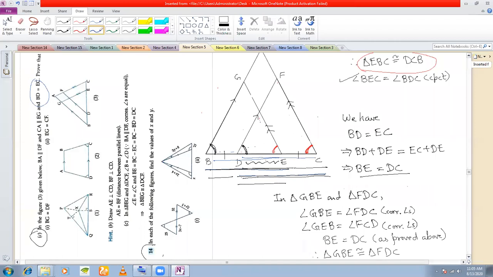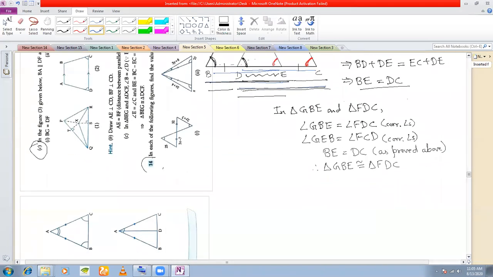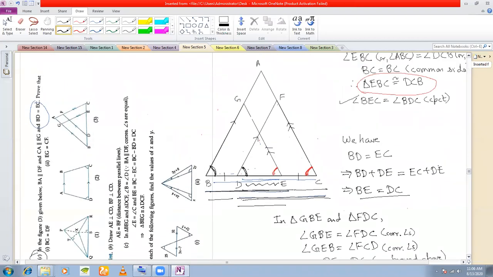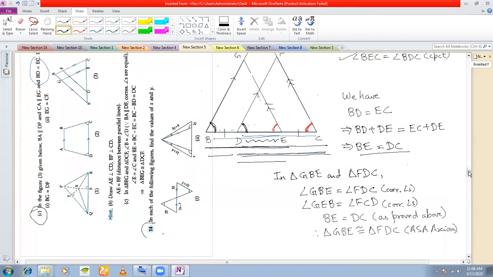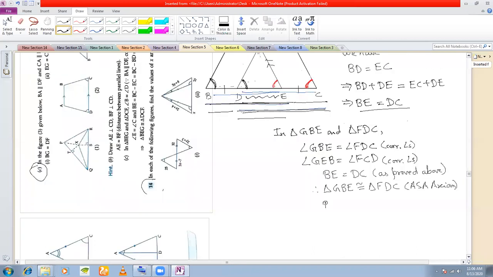So two angles, one side. And what you see is that both the angles are falling on the same side, right? So that means the side that we are talking about is the included side. Therefore, it has to be ASA axiom. Is it okay? Sir. So angle side angle axiom, we have proven this to be equal. Therefore, BG is equal to DF by CPCT.